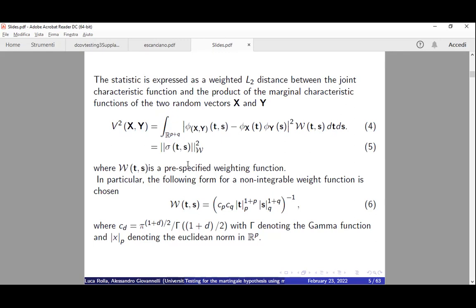How can we define it? Basically, what we get in general terms is the weighted norm of this generalized covariance term. Let's call it generalized covariance.